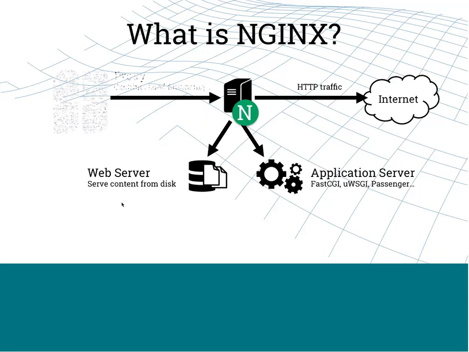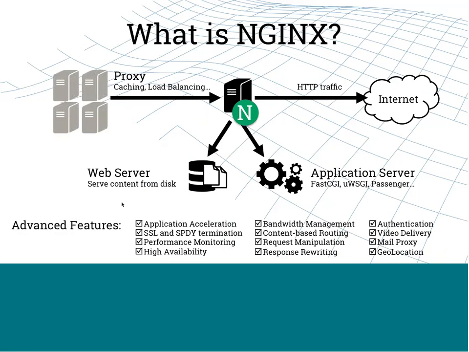In fact, NGINX is a great many things. It's a software web engine that manages HTTP web transactions, and it can do a number of different things with them. NGINX can operate as a web server, receiving HTTP requests and responding to them directly from content on disk. It can operate as an application gateway, receiving web requests and then proxying them through to applications that use protocols like FastCGI, uWSGI, or Passenger.